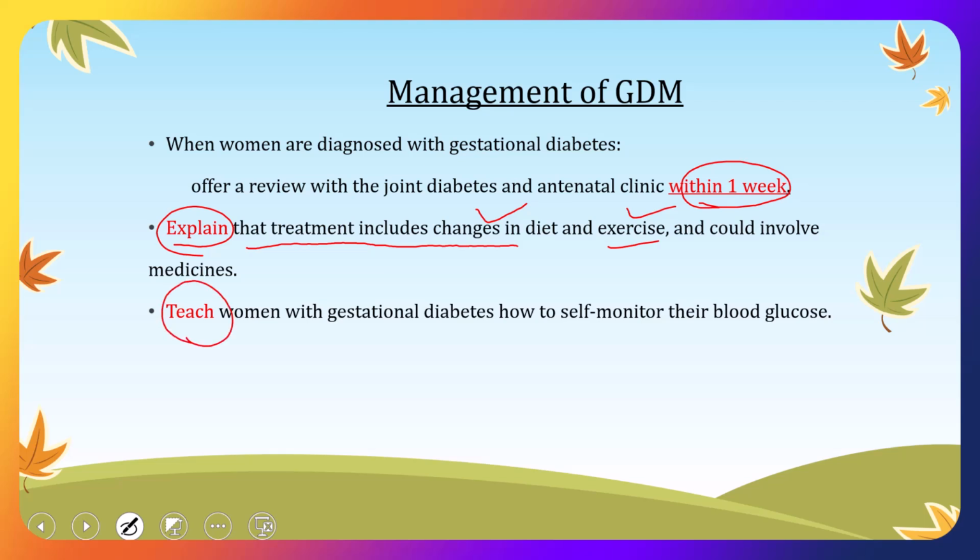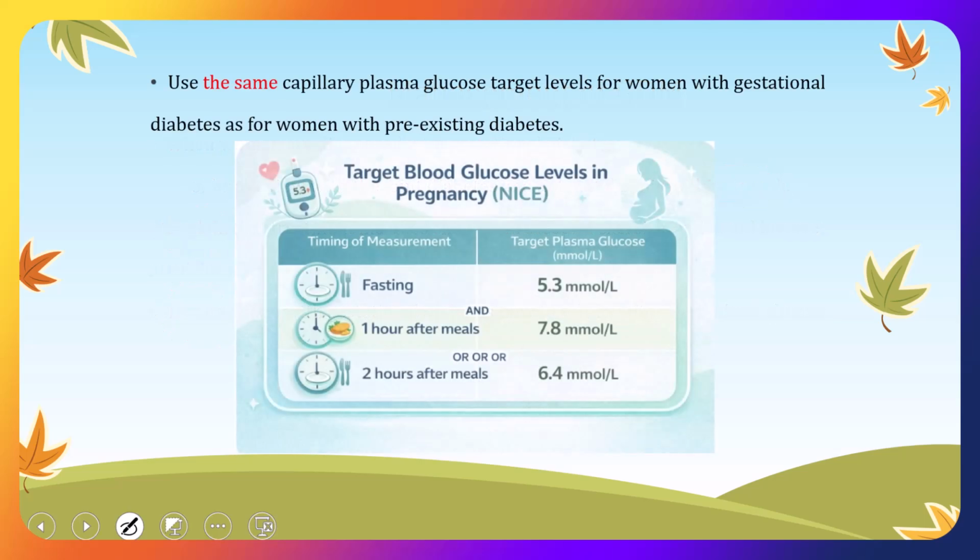Now, we have to teach women with gestational diabetes how to self-monitor their blood glucose level. Use the same capillary plasma glucose target level for women with gestational diabetes as for women with pre-existing diabetes. So here I have brought a slide showing the target levels for measuring plasma glucose.